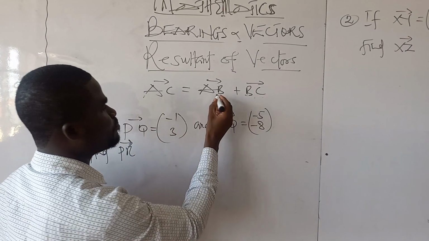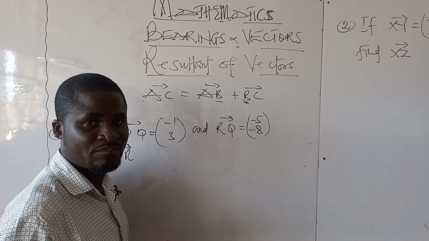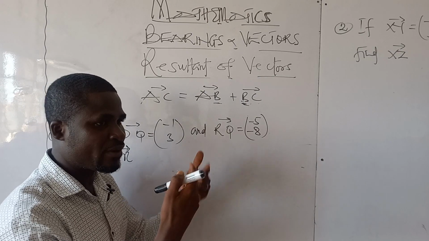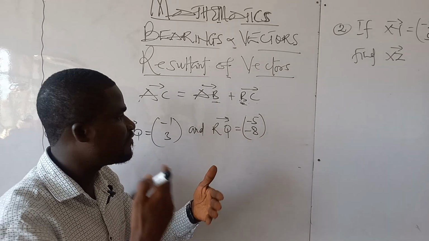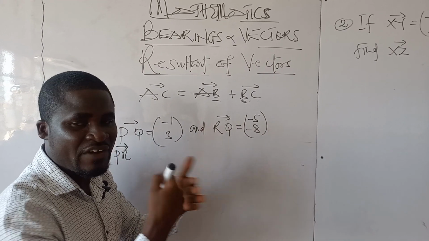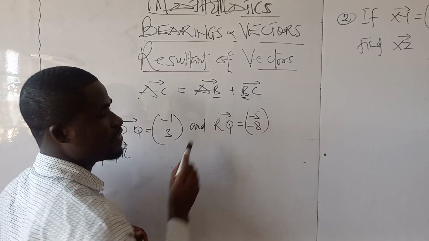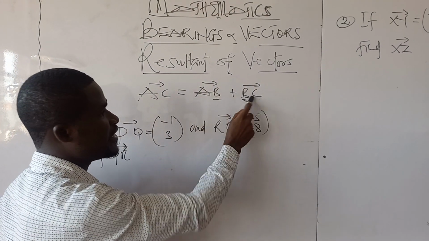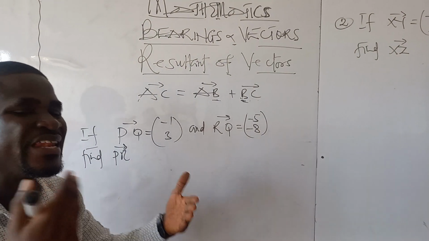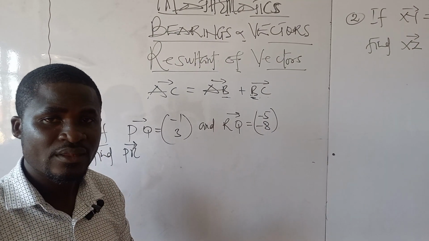That's why we have B here, B here, because the inner variables should meet. The inner variables should be the same. So we have BB. And if they're not BB, you are wrong. If the inner variables are not the same, you are wrong.